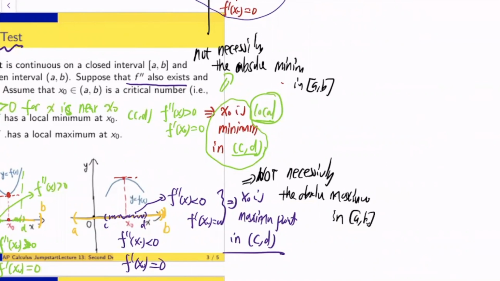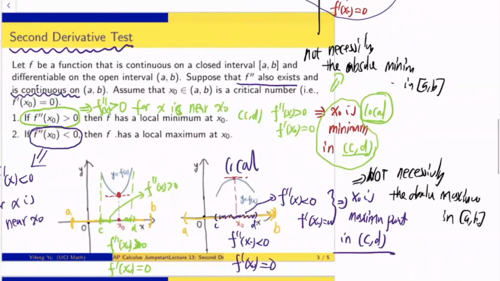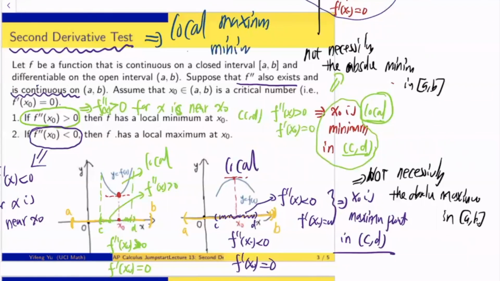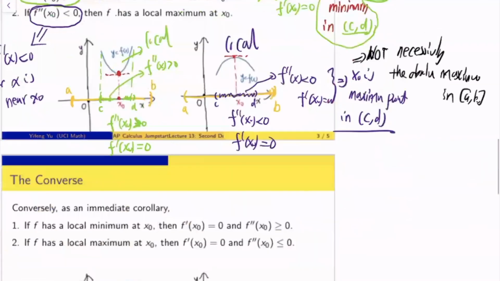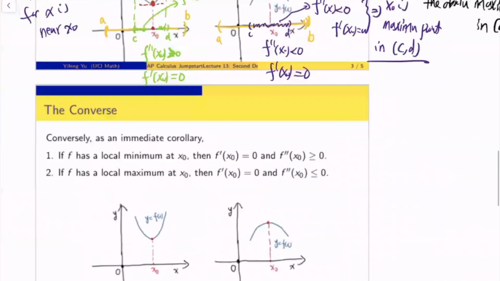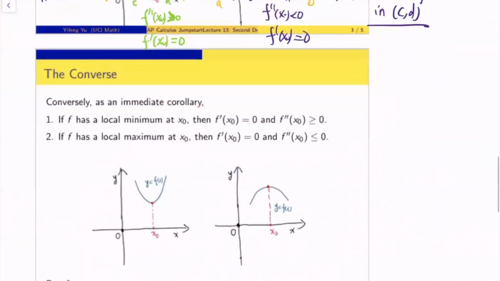So what we get here is local, and here also is local. So the second derivative test helps us find a local maximum or minimum point. It's local, not necessarily the absolute maximum in the whole domain.